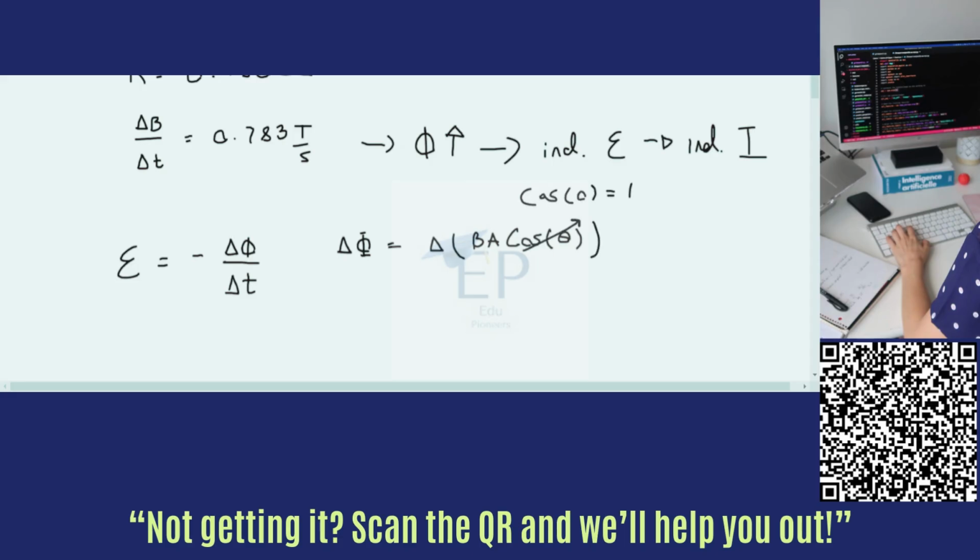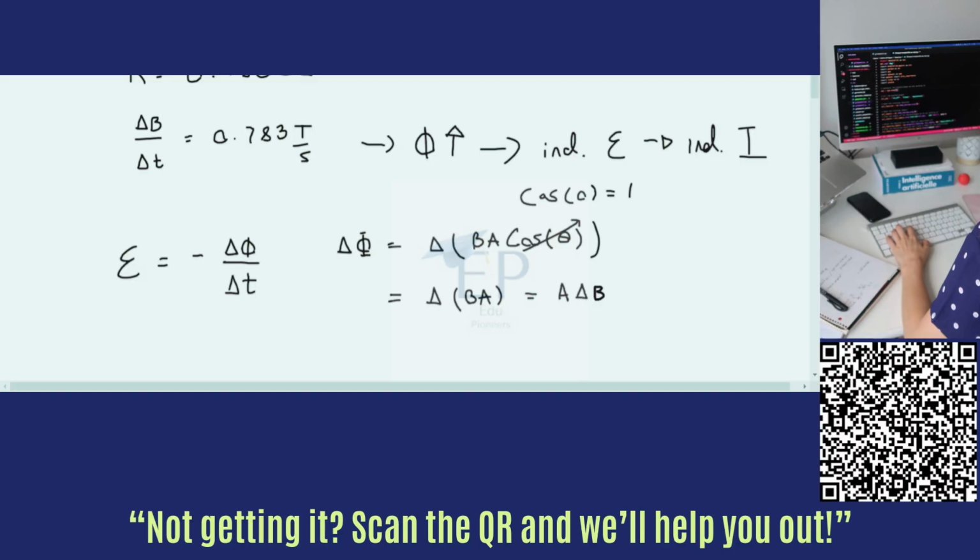So we can ignore that. So we're just looking at the change in B times A. And since the area is constant during this whole time, we're really just looking at the area times the change in the magnetic field.